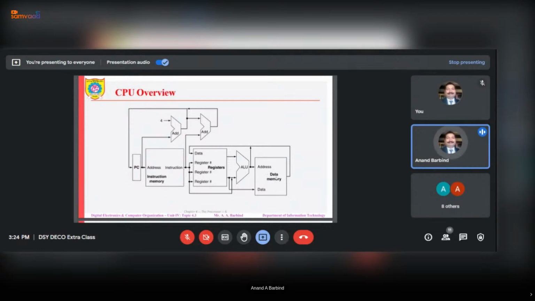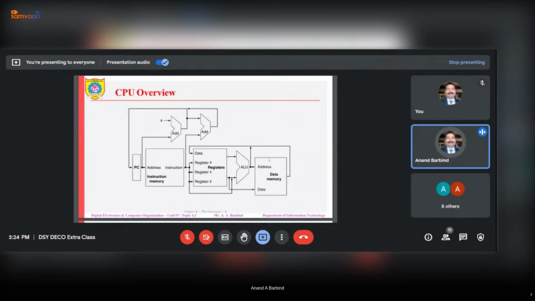If the data is read from the memory, it will be read into some register of the MIPS processor. If the data is to be written into the data memory, then the data will be written from some register. You can see this particular line, from some register of the MIPS processor, that will go as an input to the data memory, and it will be stored into the memory.